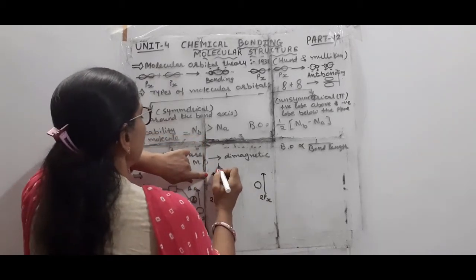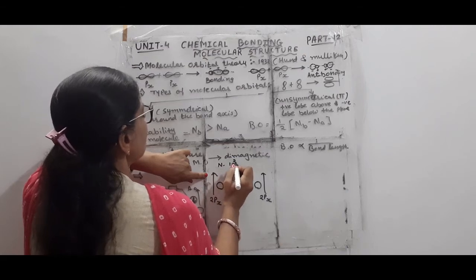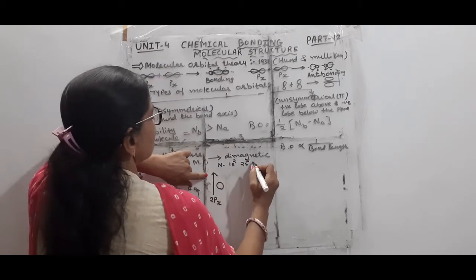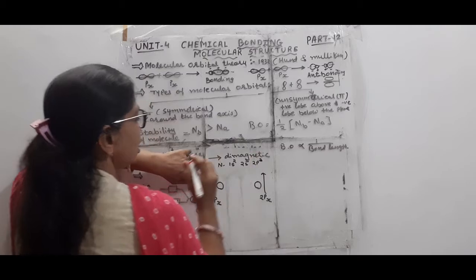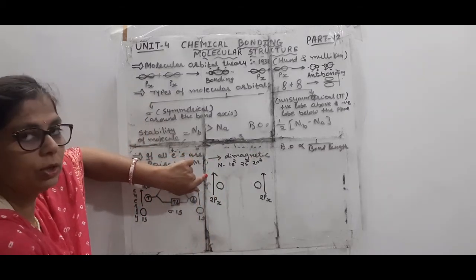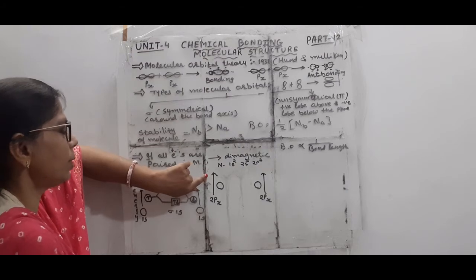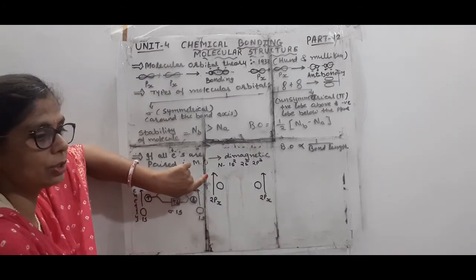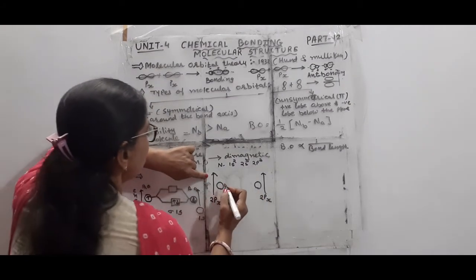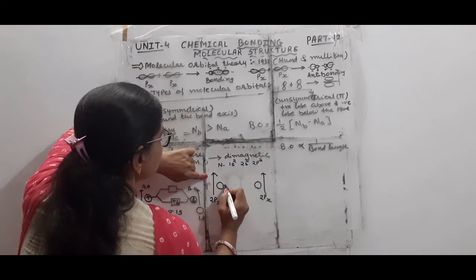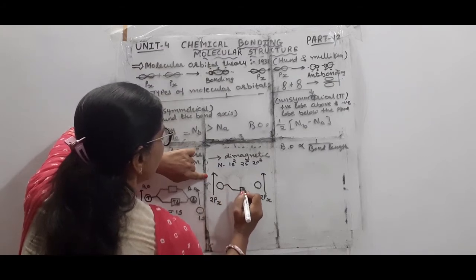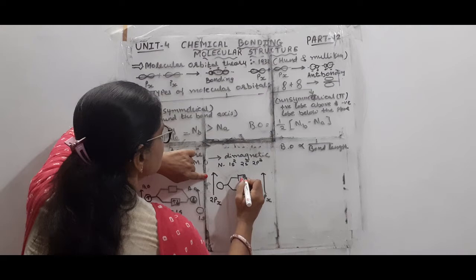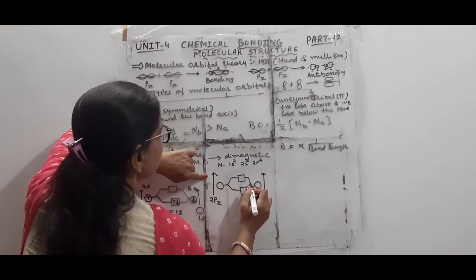So for nitrogen you know that 1s2, 2s2 and 2p3. So here in the p orbitals you have 3 electrons. So 3 electrons for this and 3 electrons for this. So a total of 6 electrons you have, students. So to draw this, this is your bonding and this is your antibonding.